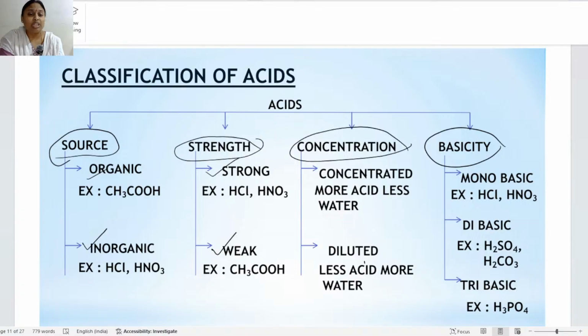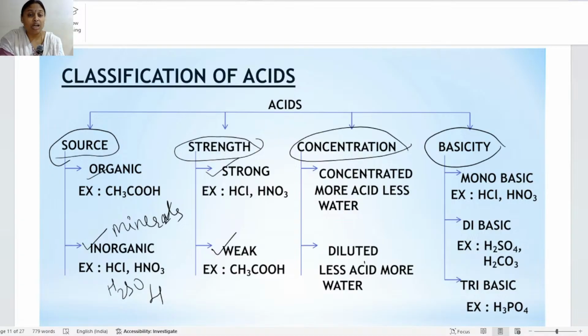Based on that we have organic acids and inorganic acids. Inorganic acids are extracted from under the earth crust, where they exist in the form of minerals. From that we extract them. According to the CBSE NCERT textbook, we have HCl, H2SO4 and HNO3. Only these three were there as inorganic acids for us.